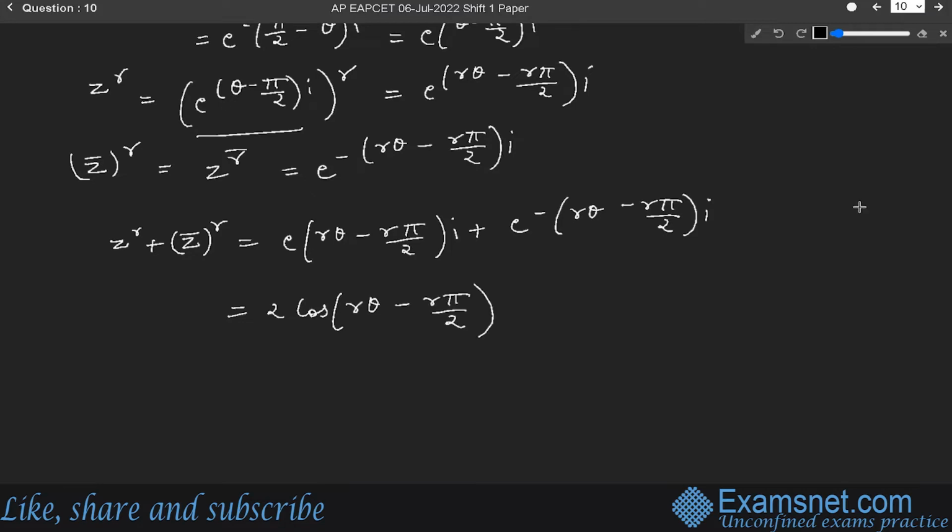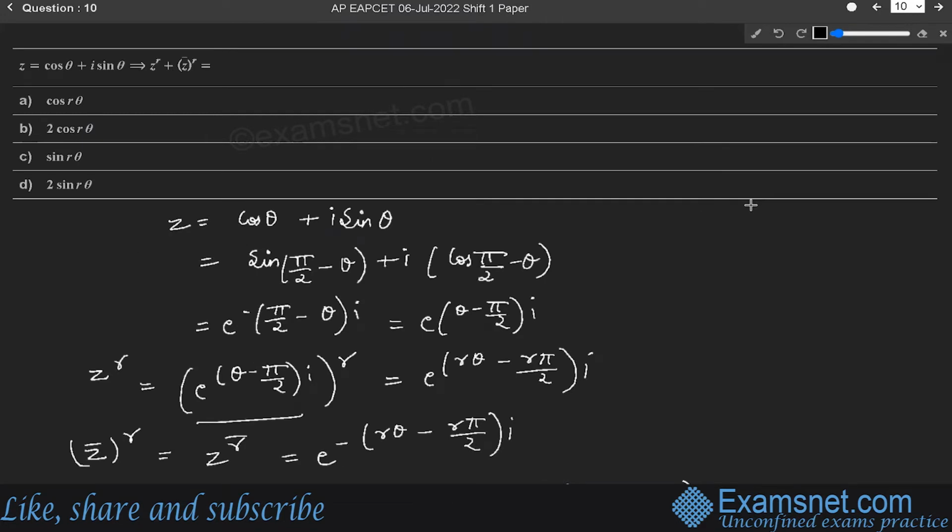Here we cannot include r pi by 2, because if we include r pi by 2, the question will not be consisting of any real part. So we can say that this can be equal to 2 cos r theta. Therefore, the correct option for this question is 2 cos r theta, which is option number B here.